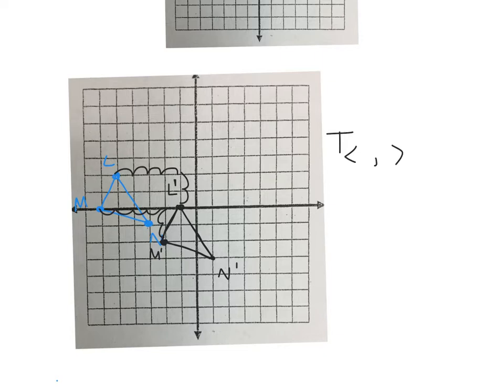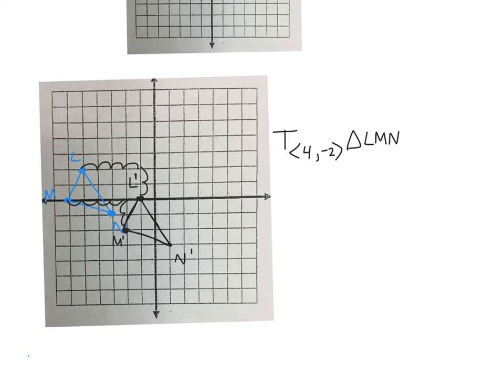What numbers are going to go in there? 4, -2. So this is a 4, this is a -2. And then we would say it's a translation of triangle LMN, which became triangle L prime, M prime, N prime. Okay?